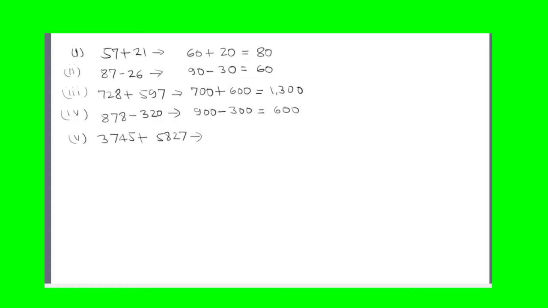So we get 3745 is rounded to 4000 plus 5827 becomes 6000. The answer becomes 10,000.